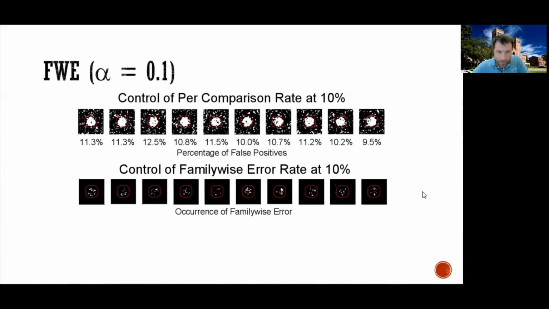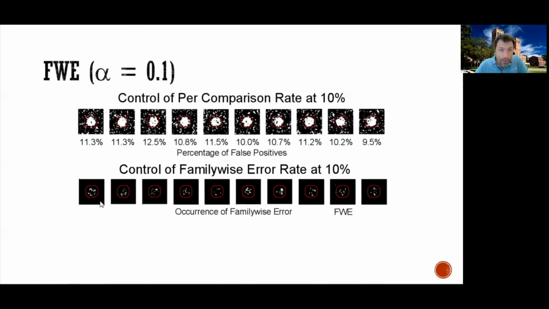Can you see it? It's tough, huh? You gotta squint real hard. It's here. Look, it's right there. I don't know if you can see it. See the little dot? There is one voxel out of 10 experiments. One time we had one false positive, exactly 10%.